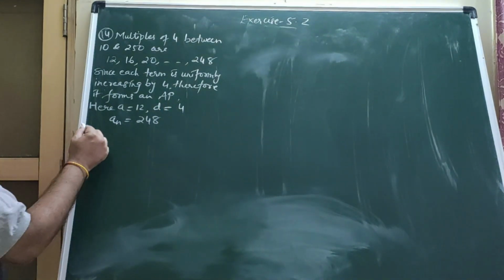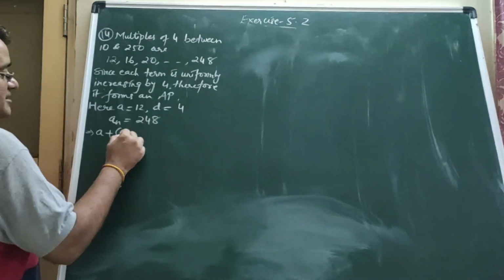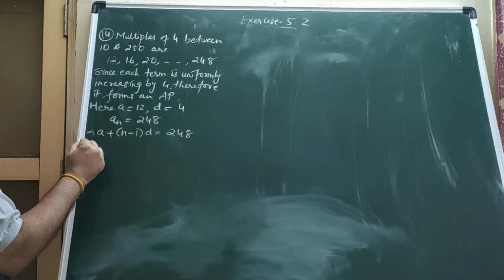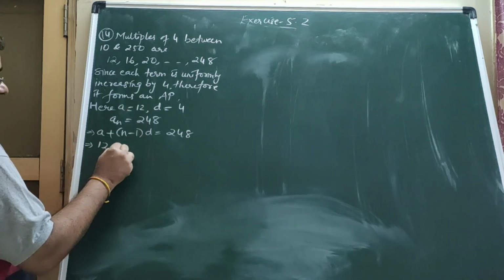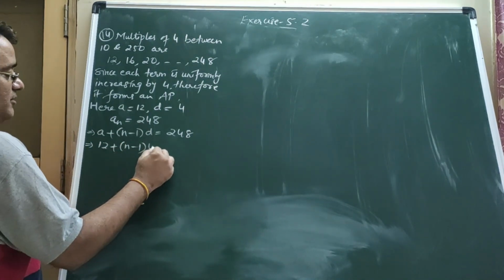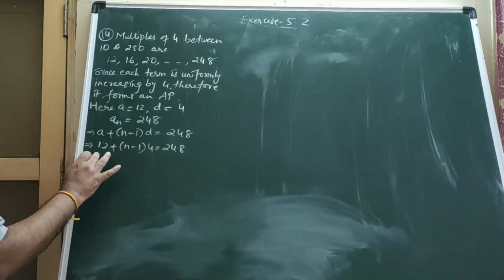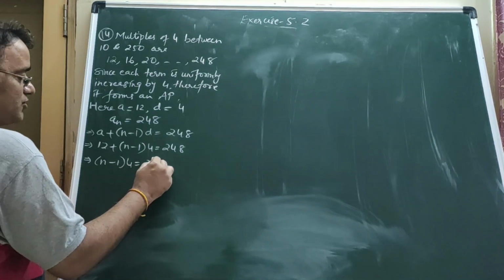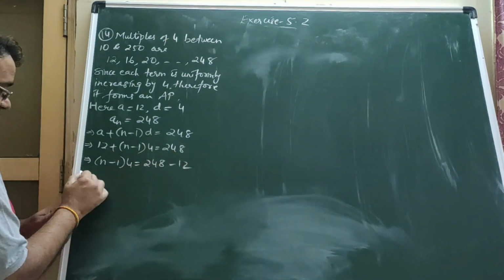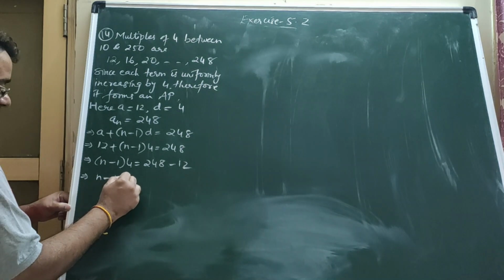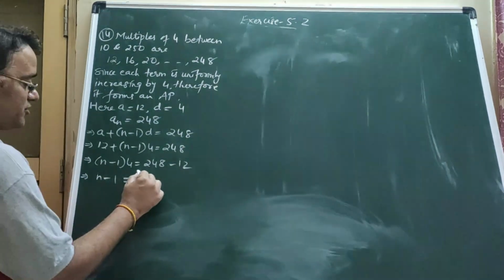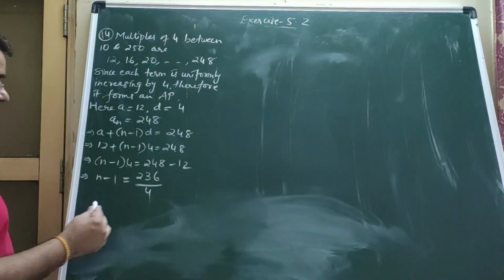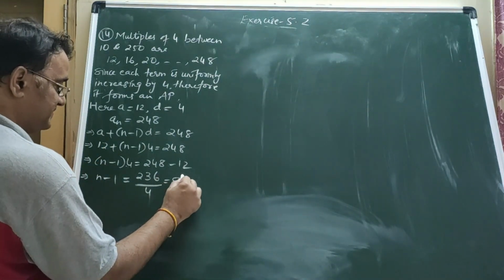Okay. Now we will substitute the formula. A plus n minus 1 into d is equals to 248. Now substitute A 12 and d 4. Now shift 12 to that side. So 248 minus 12 कितना हो जाएगा? 236 divided by 4, right? So 59.